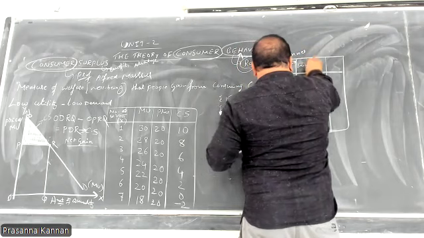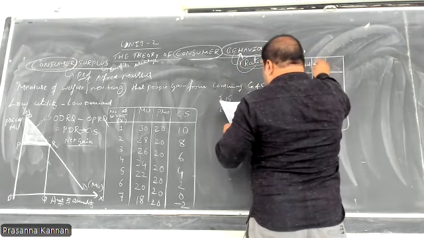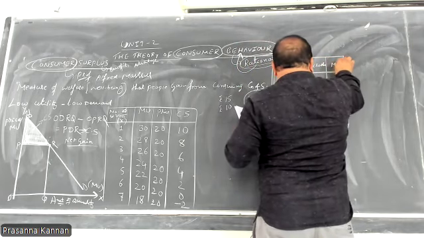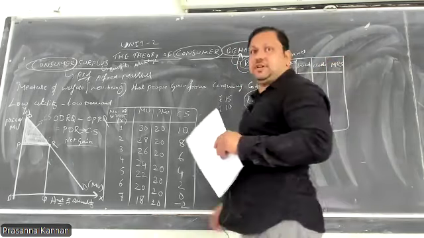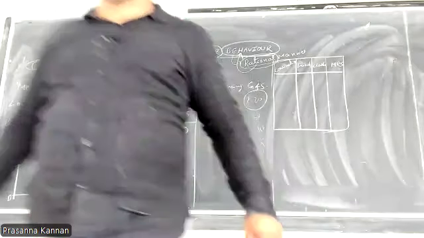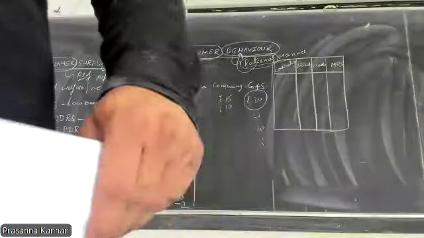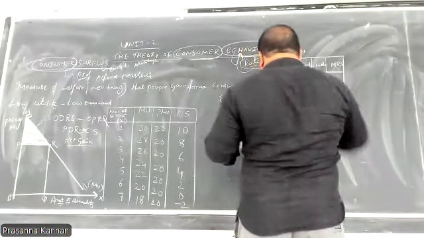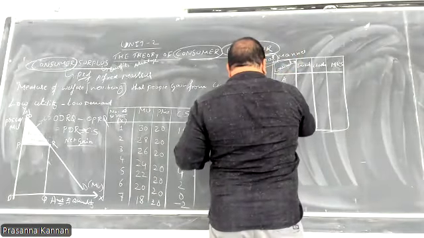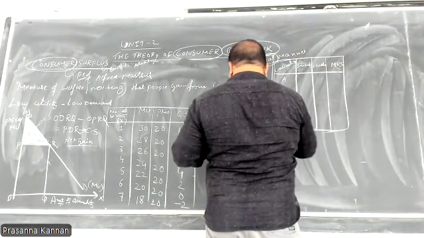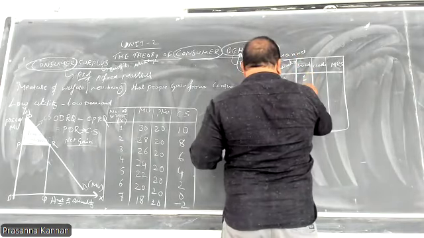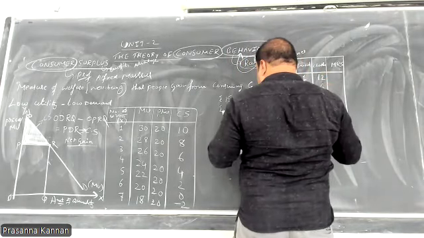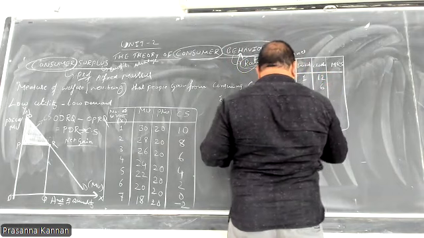Let me take two different commodities, food and cloth, and let us say this is MRS. What is MRS? They might ask you in the exam. MRS is the marginal rate of substitution. Let us say combinations are A, B, C, D. Food: let me take 1, 2, 3, 4. Here I will take cloth as 12, 6, 4, 3.